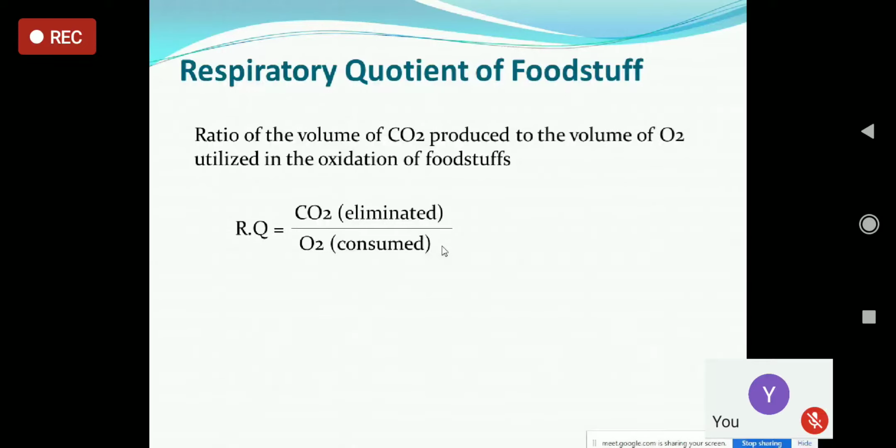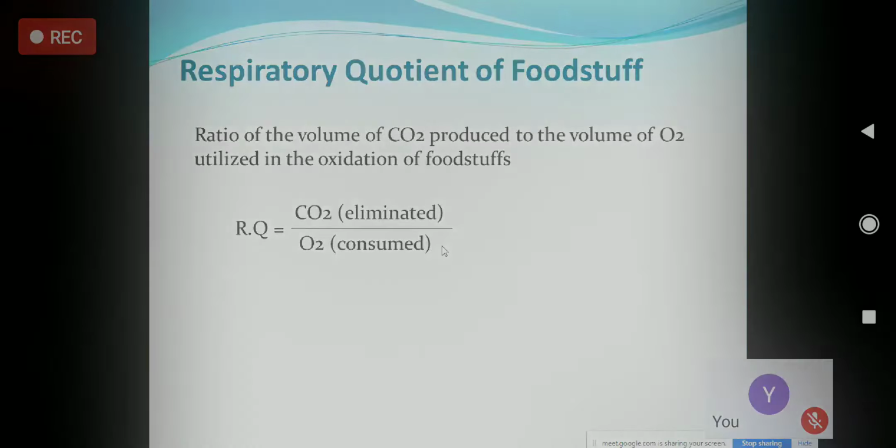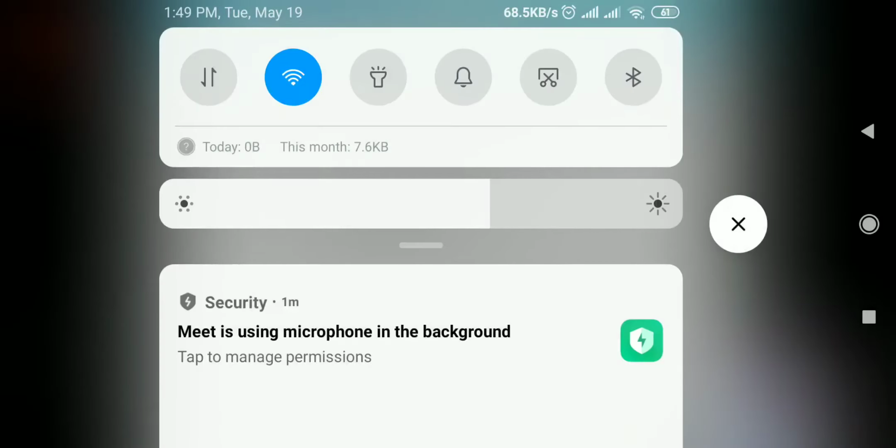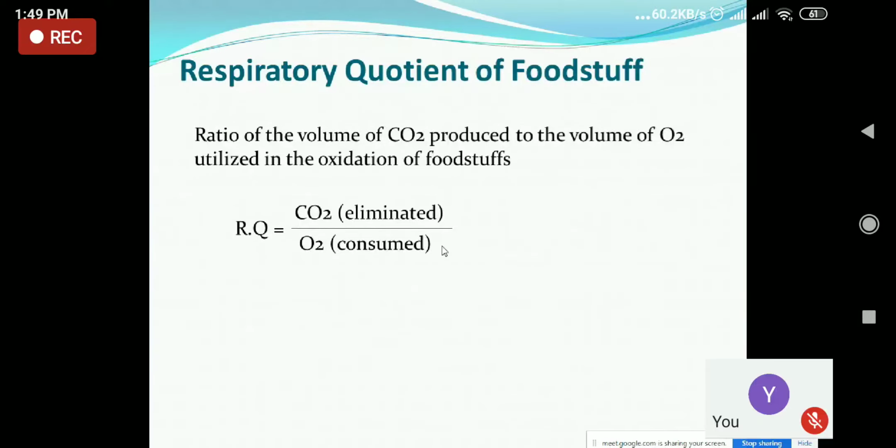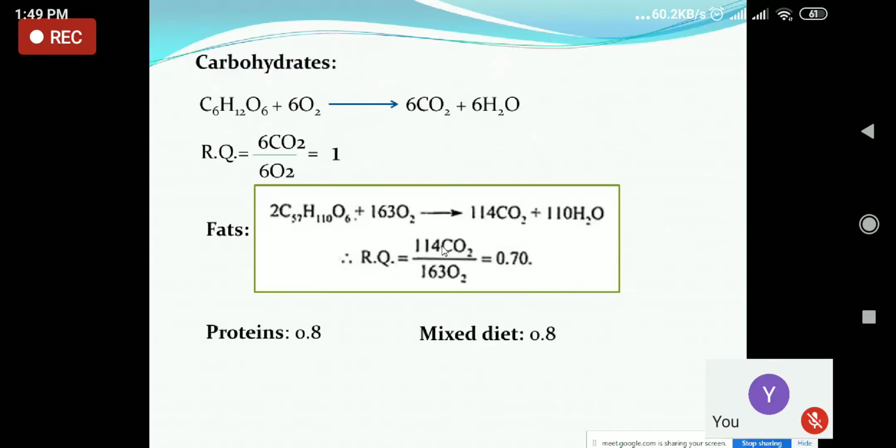You know how much the subject is taking in the inspired air because you know the composition of the given atmospheric air. And using those, you calculate the respiratory quotient, which is carbon dioxide expired by the subject to the amount of oxygen consumed. So this gives you the respiratory quotient of foodstuff.